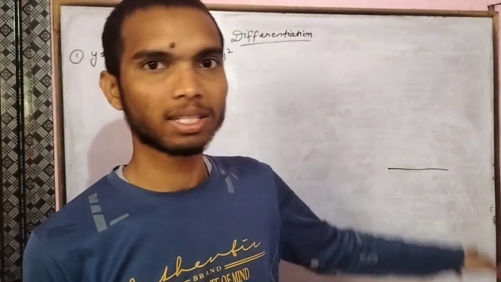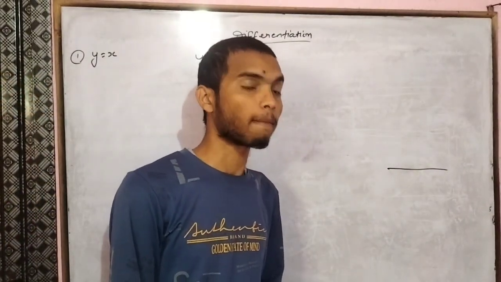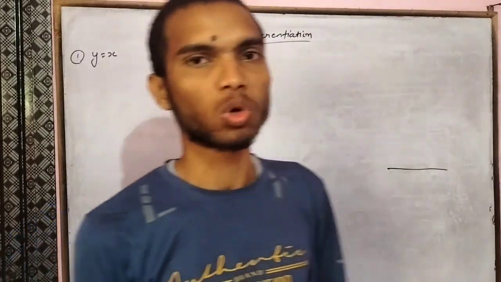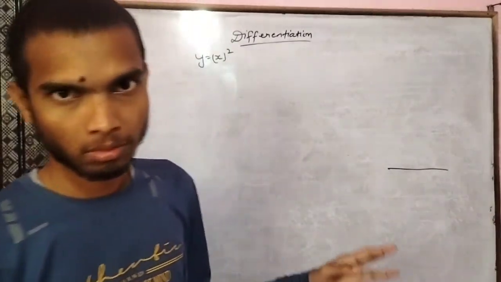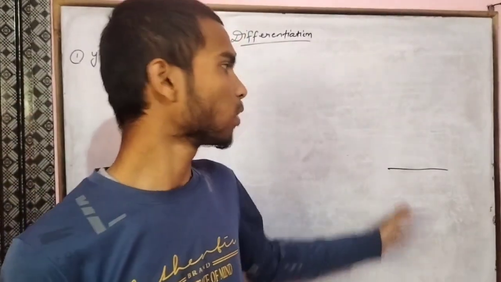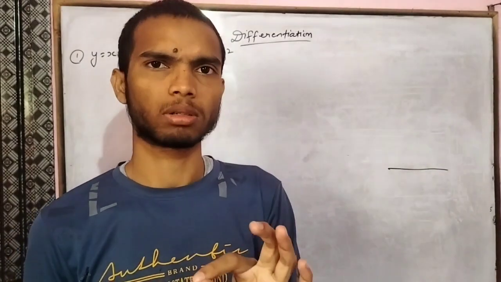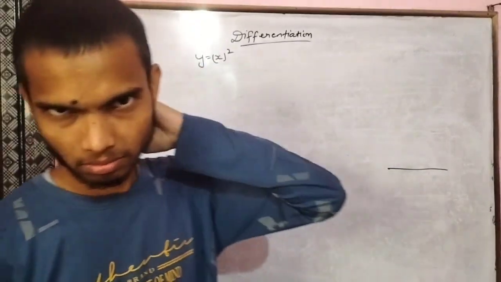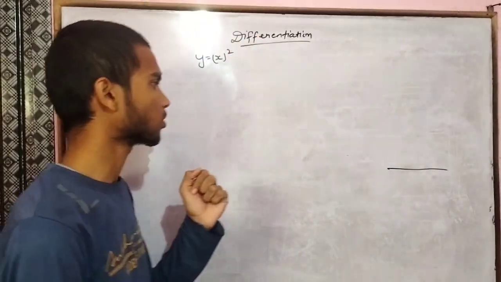Here the value of the variable is not changing. Instead, the number is a constant, for example 4, 5, 6. The number is fixed. That's why we say constant.